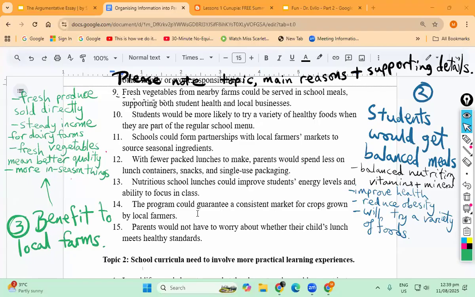I'll open the chat just now, you'll tell me. A consistent market for crops grown by local farmers, right? So, well, we kind of have steady income up here. Consistent market, right? All right. So these are points to support benefits to local farms, right?